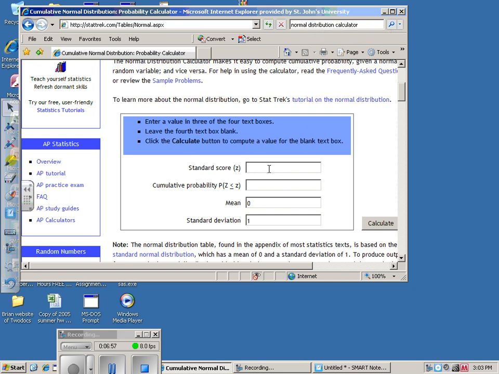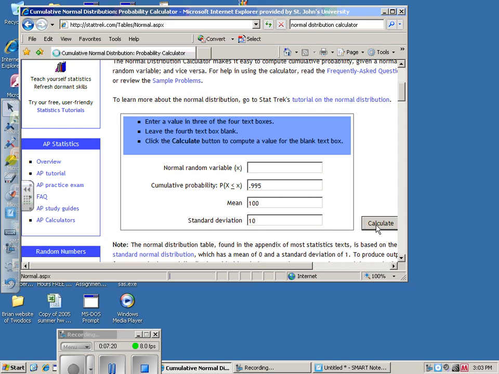This is what popped up first. Now, in this case, we want the probability below which, the mean is 100. The standard deviation we're told is 10, and you want the cumulative probability to be 0.995. This is best done by the diagram. So what's the value for the x?